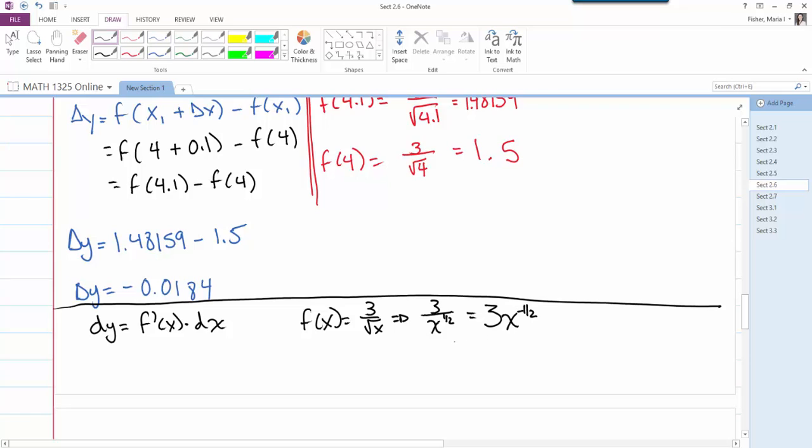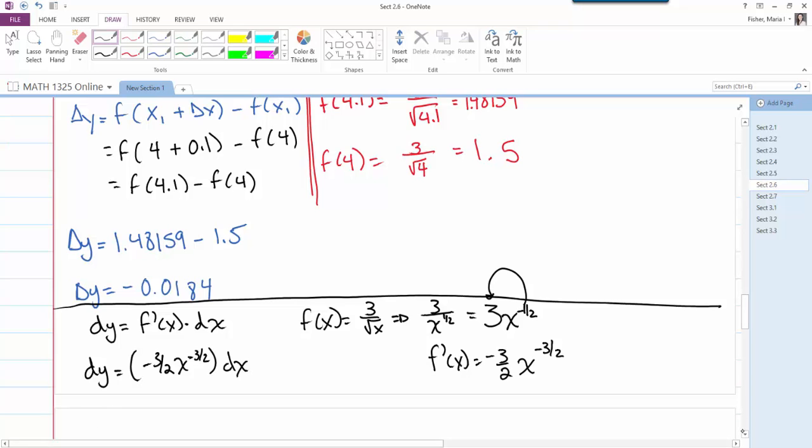If I take the derivative here, f prime of x is going to equal, multiply 3 times the negative 1/2 is negative 3 halves, x to the, subtract 1, and you get negative 3 halves. So I get negative 3 halves x to the negative 3 halves. So my dy is going to be that negative 3 halves x to the negative 3 halves times dx.